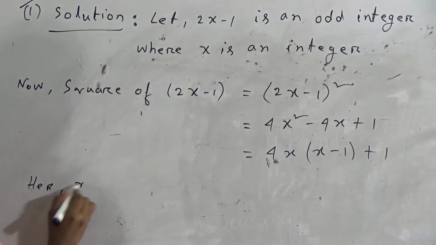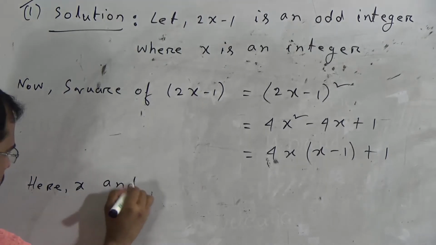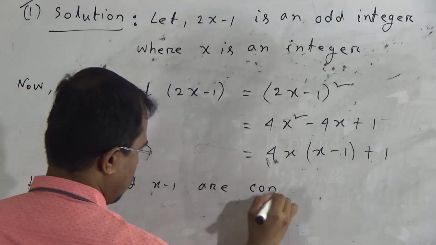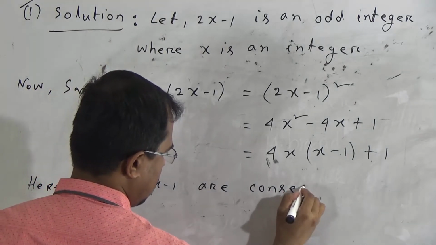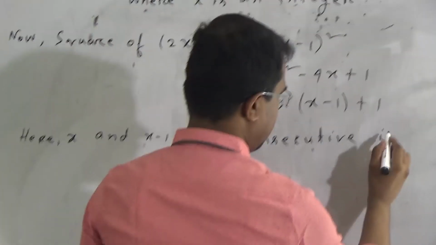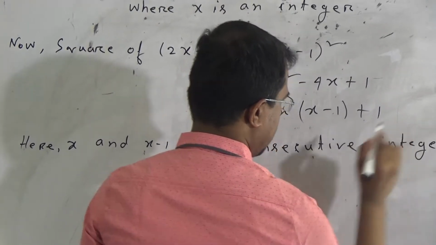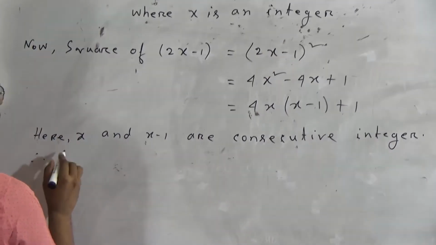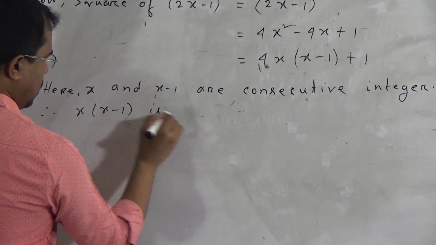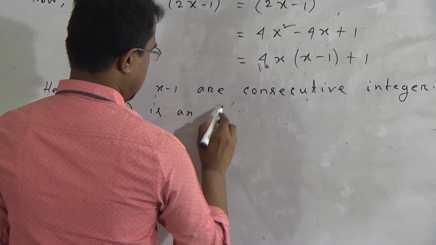Here x and x minus 1 are consecutive integers. Therefore, x into x minus 1 is an even number.